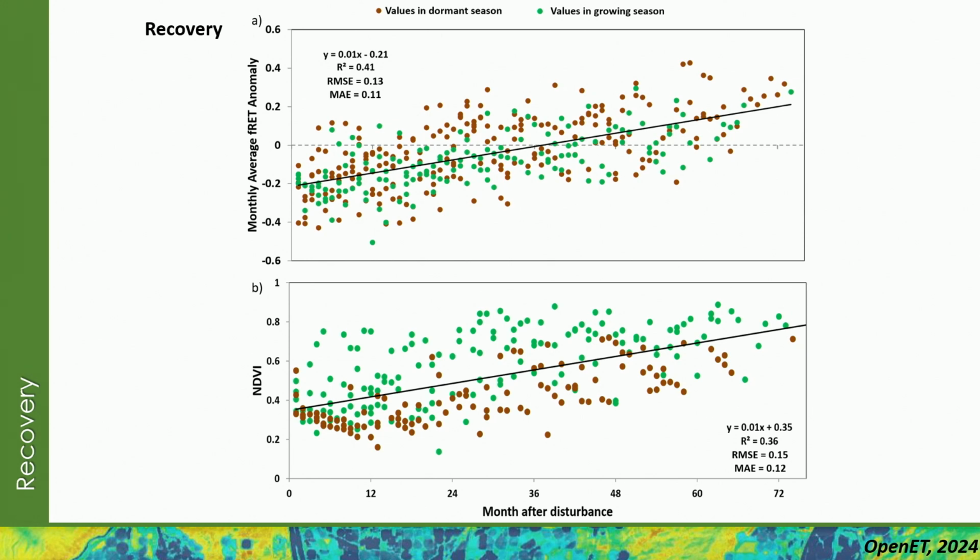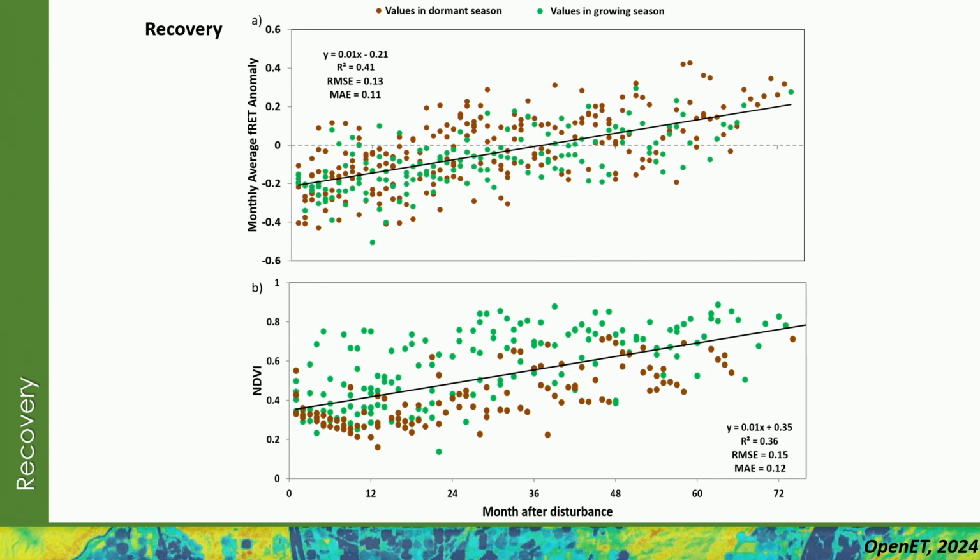Along these recovery trends, both the FRET anomaly and NDVI give a very similar trend, but the NDVI is more scattered, especially for the green dots, which are from the growing season. They get to a high plateau and it doesn't change much. But the FRET, the water use information, gave much tighter information here.